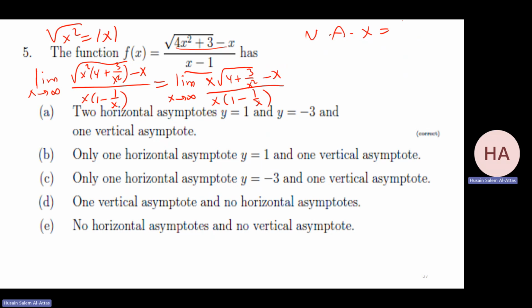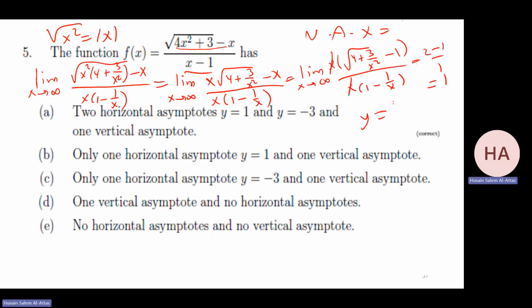I take x as a common factor in the numerator. What you are getting: 4 plus 3 over x squared minus 1 over x, over 1 minus 1 over x. That will be 2 minus 1 over 1, which is 1. So I have y equals 1. This is a horizontal asymptote.